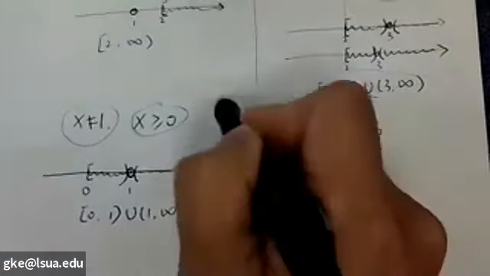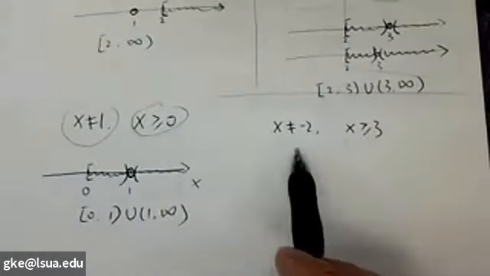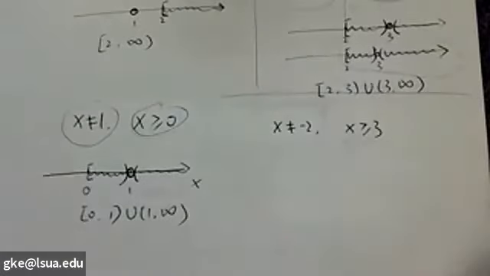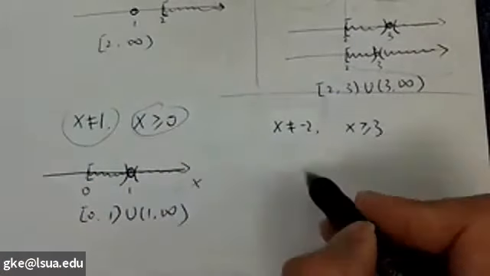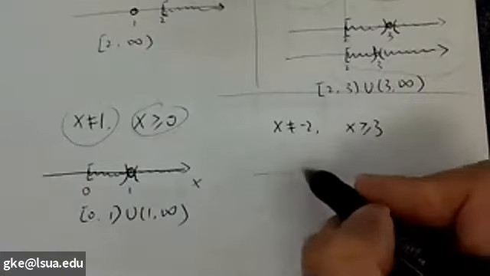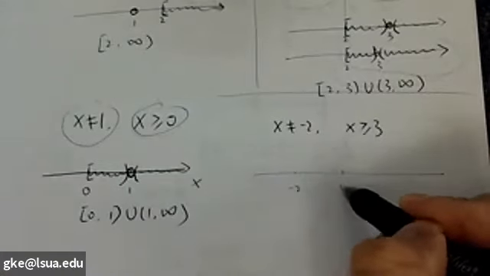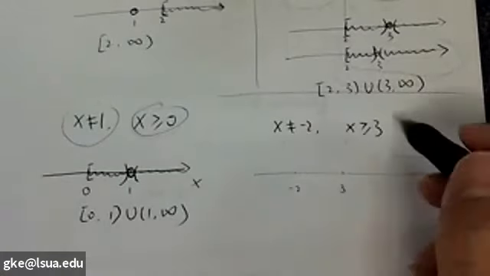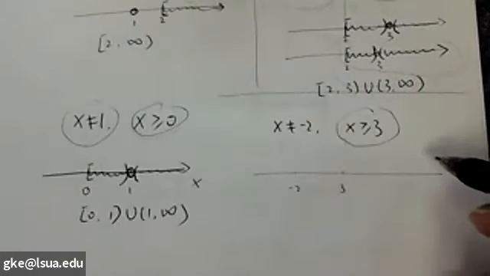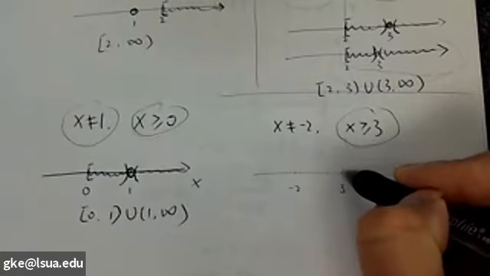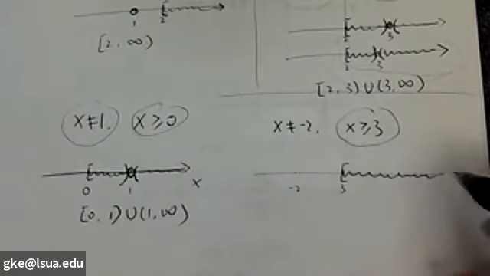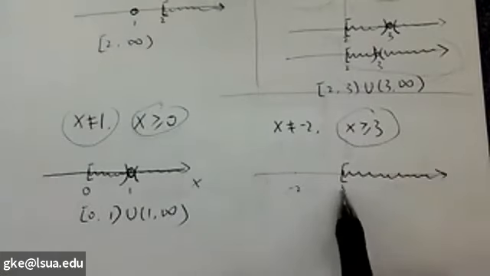For example, how to find this guy? How to use the interval format to describe these inequalities. The same things. You find these 2 points, right? And for this guy, we have x greater than or equal to 3.